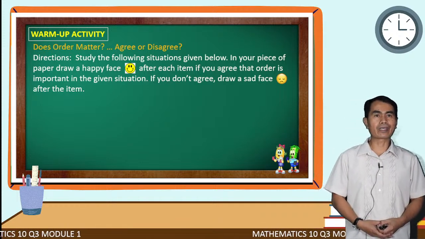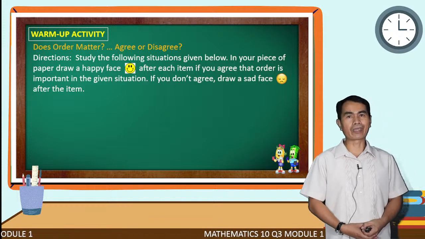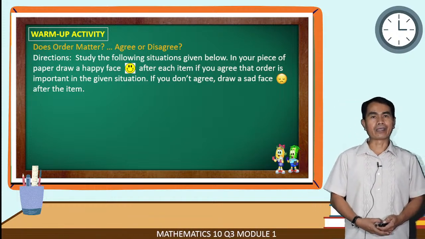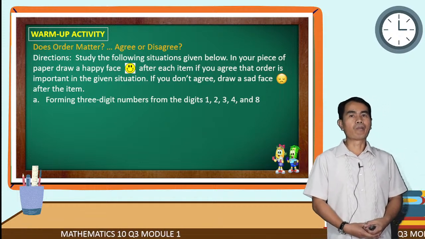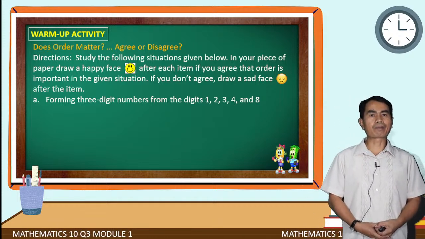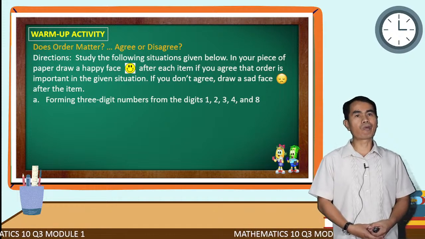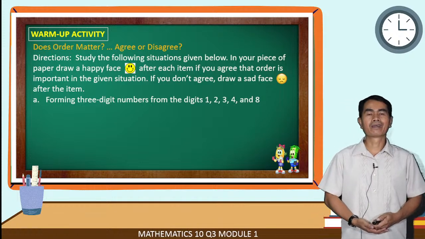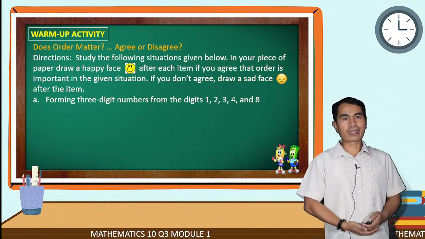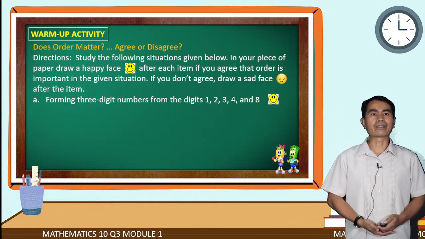If you don't agree, draw a sad face after the item. Okay, first item, forming 3-digit numbers from the digits 1, 2, 3, 4, and 8. So agree or disagree? Okay, if you agree, then you are right.